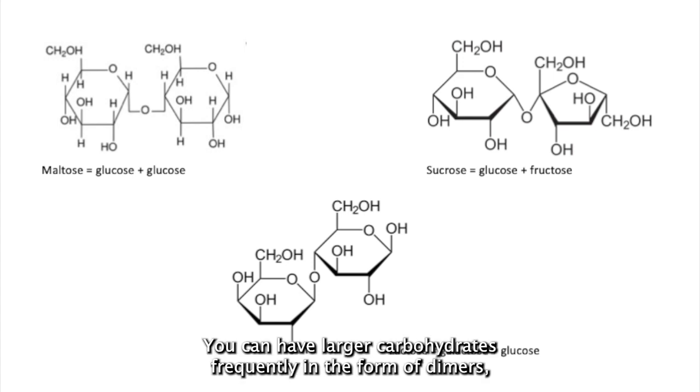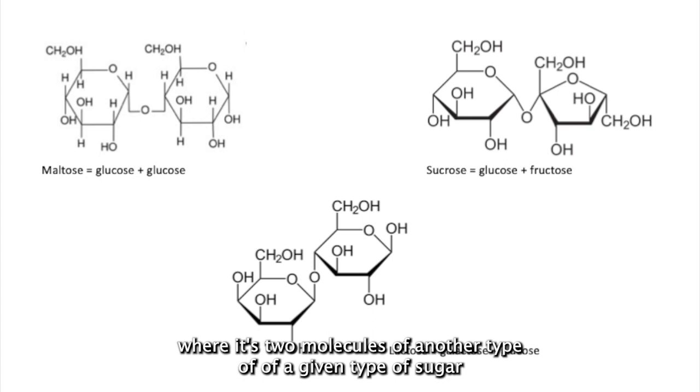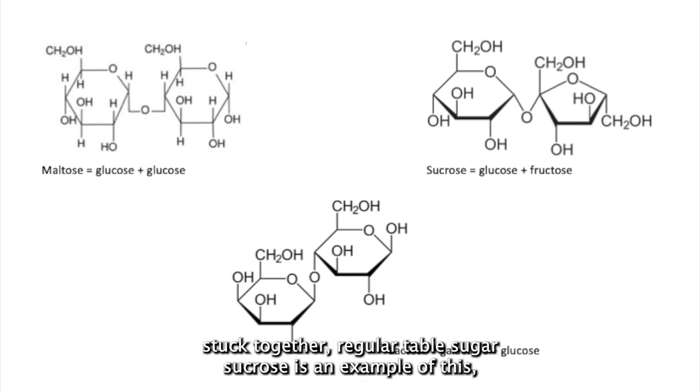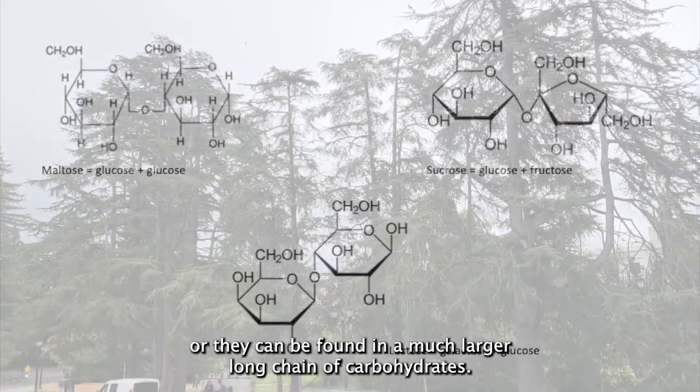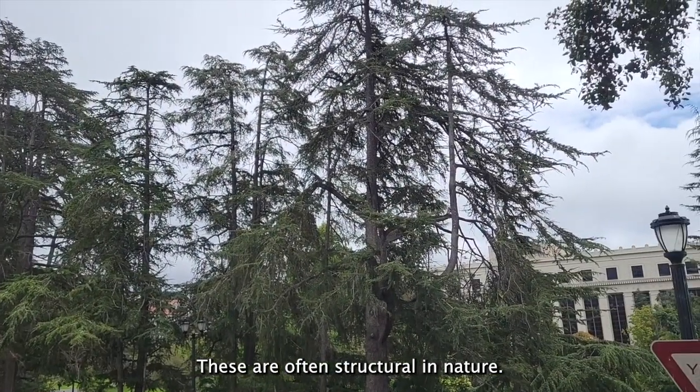You can have larger carbohydrates, frequently in the form of dimers, where it's 2 molecules of a given type of sugar stuck together. Regular table sugar, sucrose, is an example of this. Or they can be found in much larger, long chains of carbohydrates. These are often structural in nature.